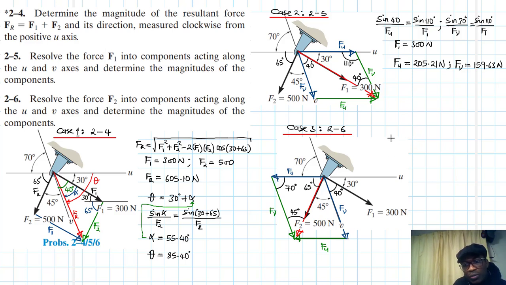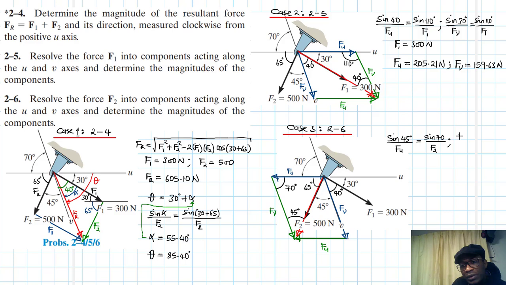Okay. So once we have that information, then we can begin doing the calculation. We are going to write both equations here. We'll start with Fu. So we'll say sine 45 divided by Fu is just going to be equal to sine 70 divided by F2.